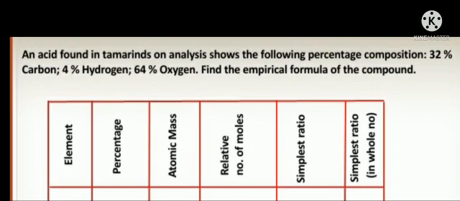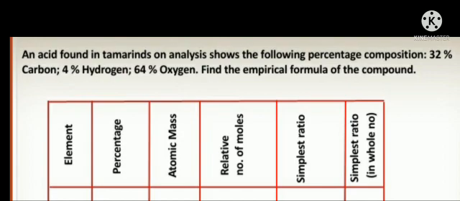First, you have to create a 6-column table in which the first column contains the element. It contains the name of the element or symbol of the element. The second column contains the percentage of the elements. The third column contains atomic mass or molar mass.